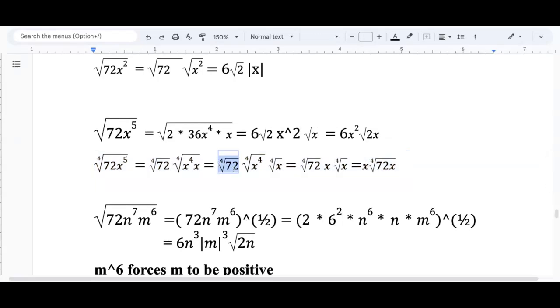Fourth root of 72 is an irrational number. Then we get x raised by 5. We split into x raised by 4 times x. Right? So we get the fourth root of x raised by 4, which is x, then times the fourth root of 72. So in the end we get x times the fourth root of 72x.